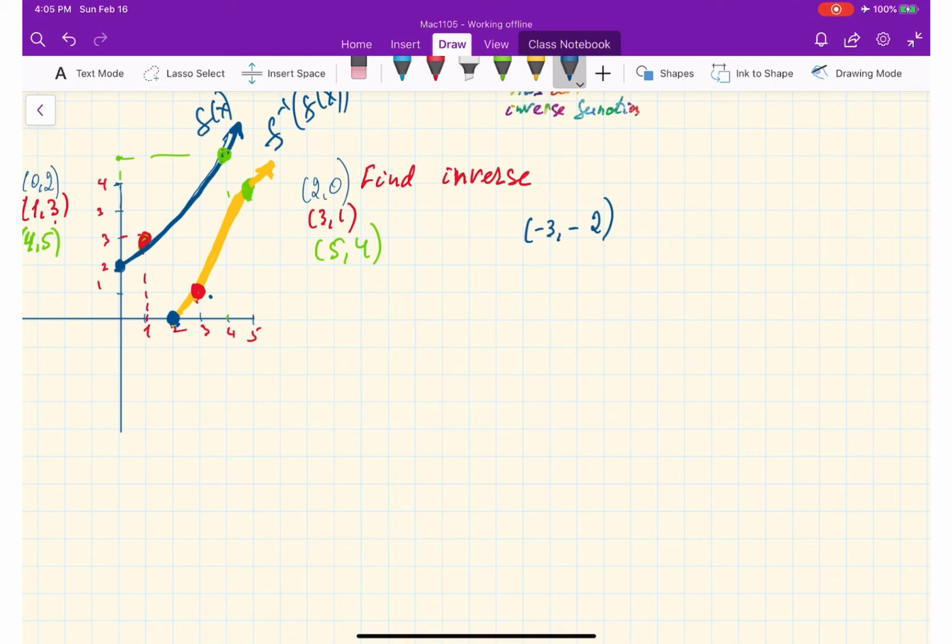And then we are going to have negative 1 and 0. And then we are going to have 4 and 2.